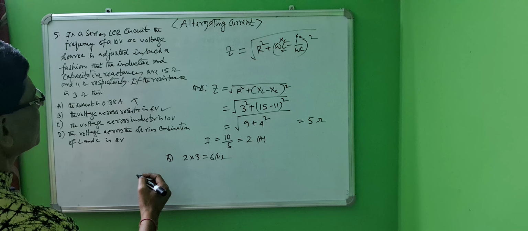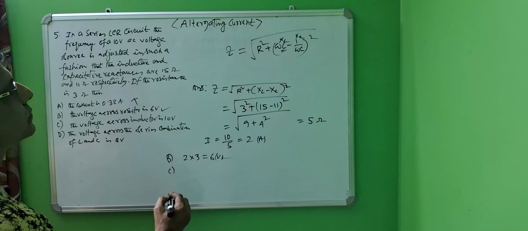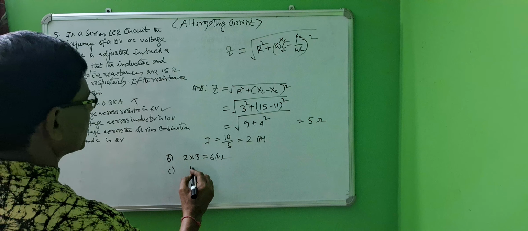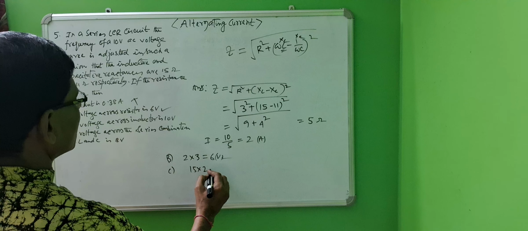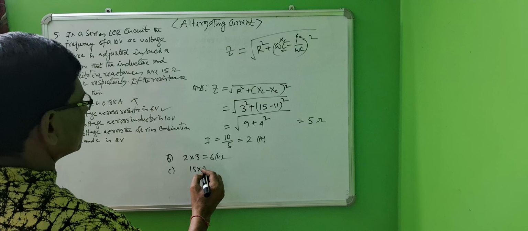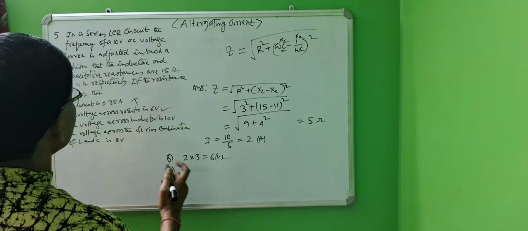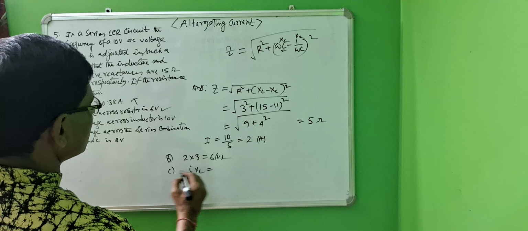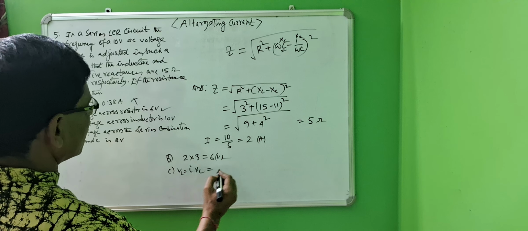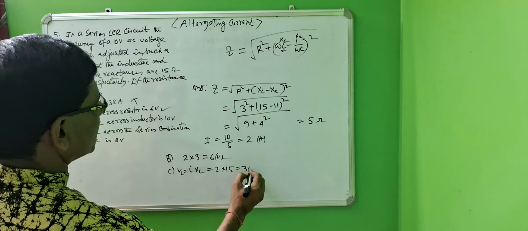The option says the voltage across the inductor is 10 volt, but the voltage across the inductor is I into XL, equals 2 into 15 equals 30 volts.